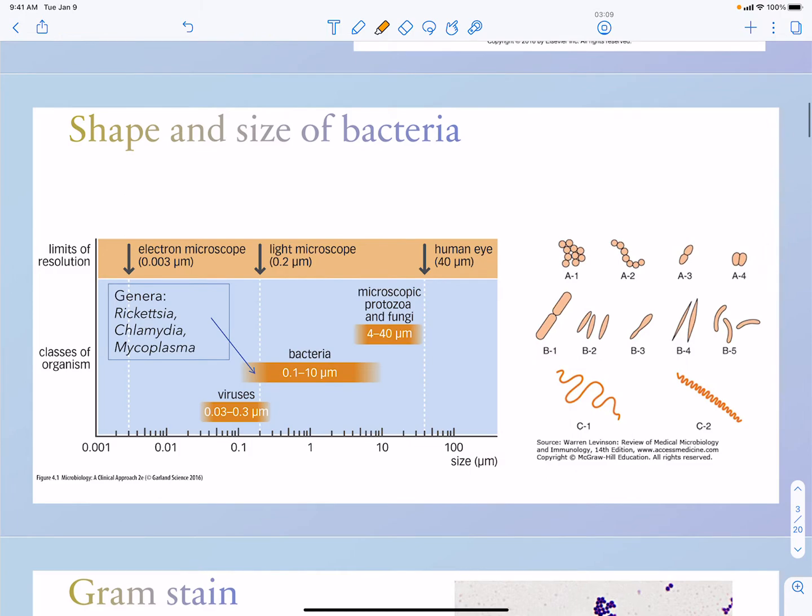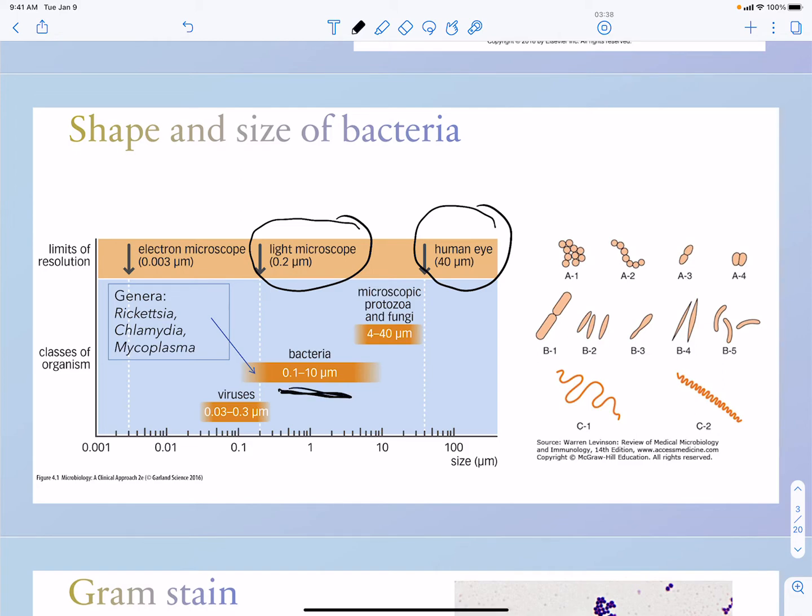So the next thing to talk about is just the size of bacteria as well as their shape. And so typically we think of size as whether we can see it, and we cannot see bacterium using our human eyes. We will need to use microscopes to see bacterium. So our fungi, our protozoa are at that edge of being able to see, and then our bacterium will require our light microscopes.